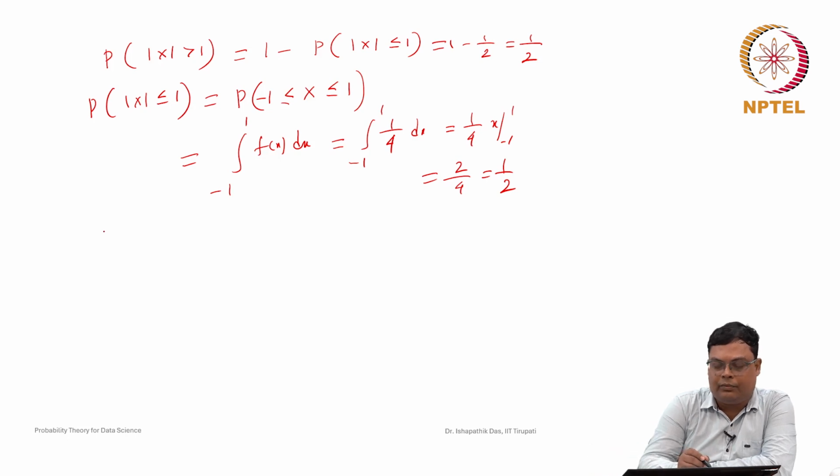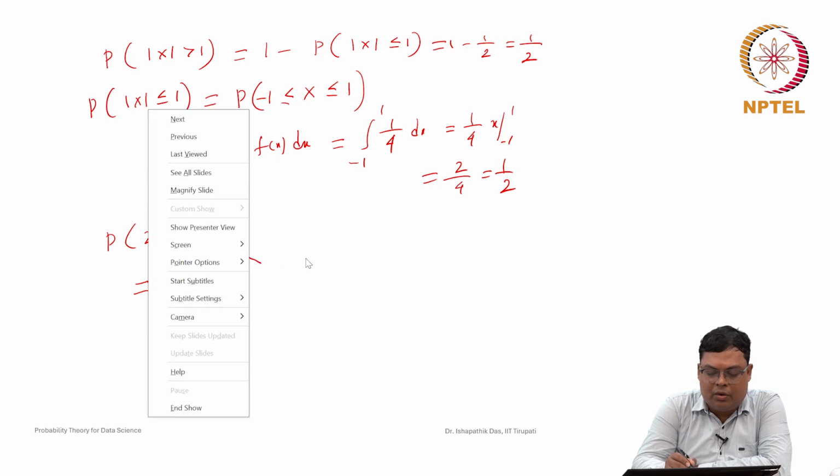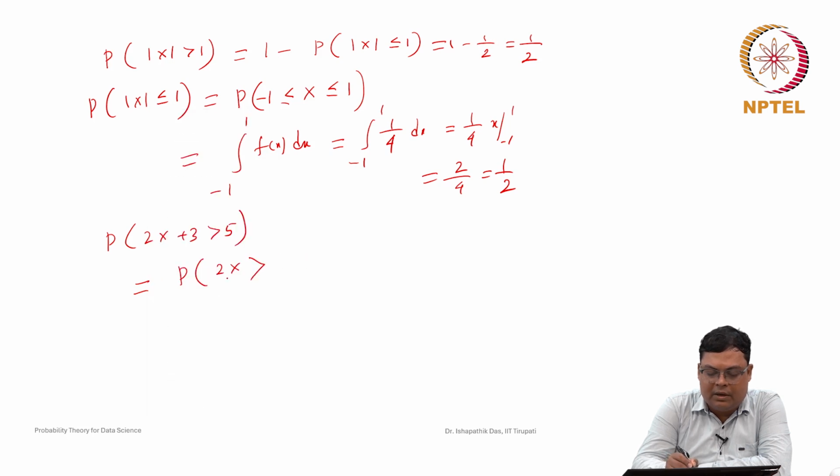It is equivalent, because if you subtract 3 from both sides, the inequality does not change. Subtracting 3 from both sides, 2x is greater than 2.